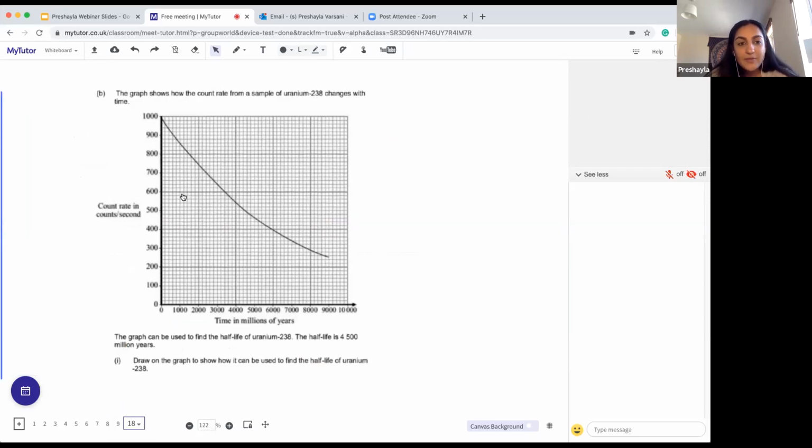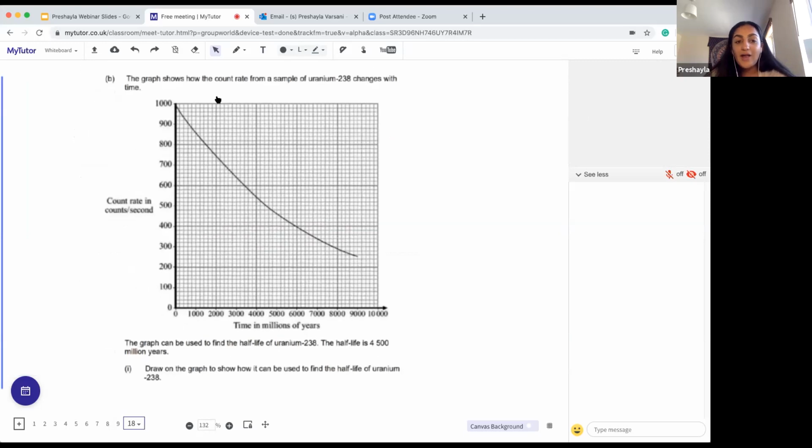So here we've been given a graph of how the count rate from a sample of uranium-238 changes with time. Now, one thing I'm just going to show you about this is that uranium-238 means that it's uranium-238, like this.